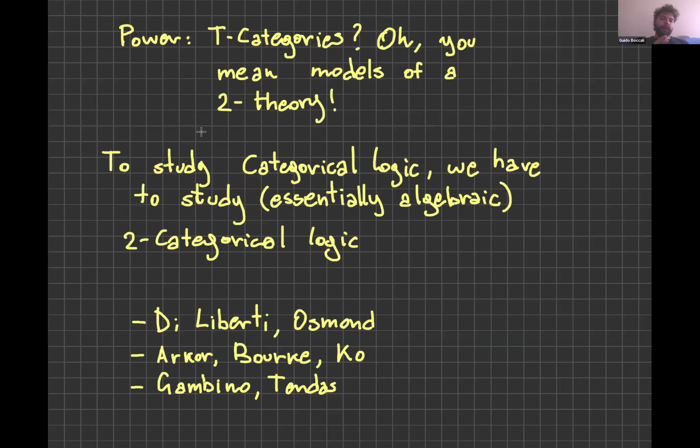But in the 90s, John Power introduced this idea that categories of a certain shape, with a certain structure or with certain properties, are actually models of a two-dimensional theory, just like structured sets are models of a one-dimensional theory. So the idea is that to study categorical logic, we need to study essentially algebraic two-categorical logic. This notion of two-dimensional logic has gained interest in recent years.